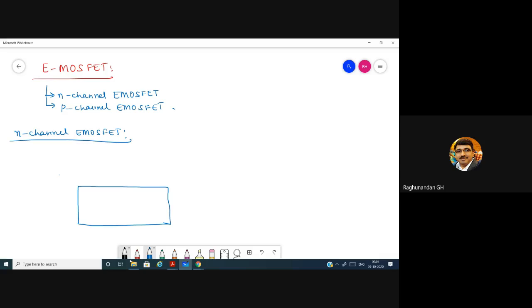So in N channel MOSFET, we are going to consider a P substrate. To this, we are going to embed two N wells. After that, we are going to take an SiO2 layer.